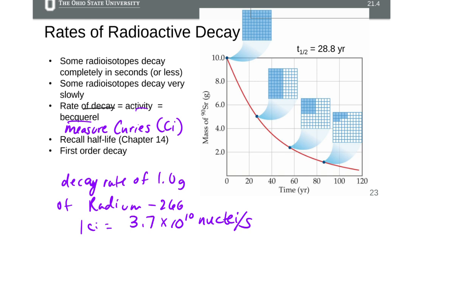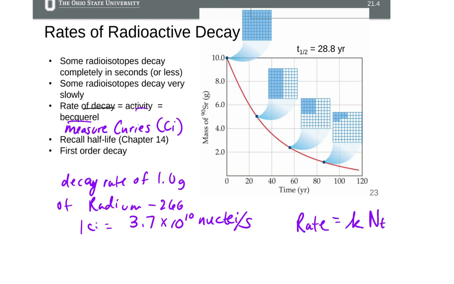Okay, so when we're thinking back to chapter 14, which is where we initially saw rates, we would often set up an equation where the rate is equal to some rate constant k times concentration of something. And so when we're dealing with nuclear decay, rate is going to be equal to the rate constant k times the number of radioactive nuclei at time t.